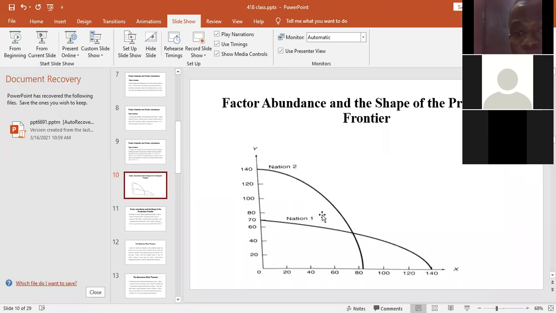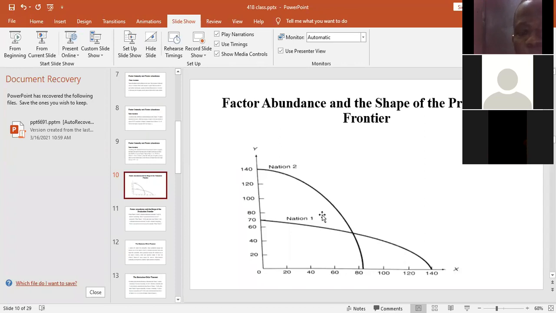Production possibility frontier. We have two nations, nation one and nation two. Nation one produces what it can produce using all the capacity available. That means using the available factors of production, capital and labor.